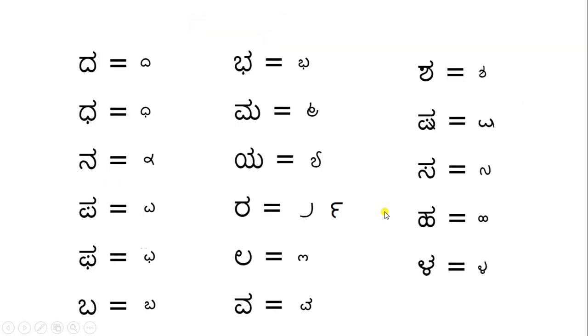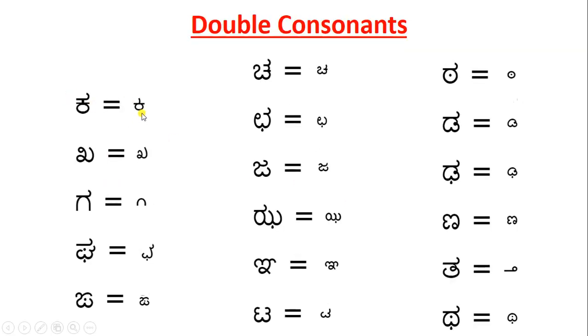This is the symbol for k. We do not have separate symbols for k, ka, ki, ku, kr, ke, kai, ko, kau, kam, kaha. For all those sounds, we do not have different symbols. It is this for all the sounds.